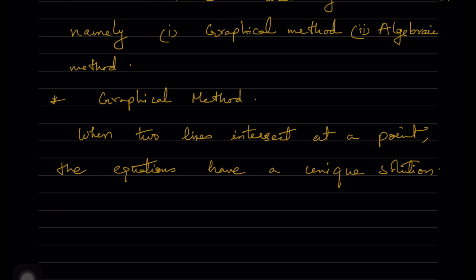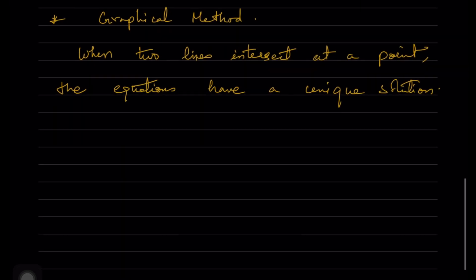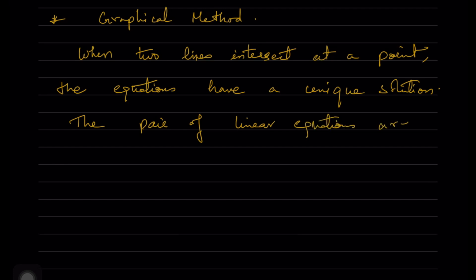So what happens when the lines are intersecting at a point? The equation have a unique solution. So when two lines intersect at a point, the equations have a unique solution, and the pair of linear equations are consistent with the condition a1 by a2 is not equal to b1 by b2.